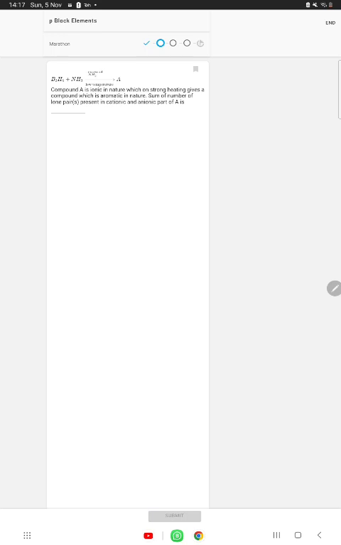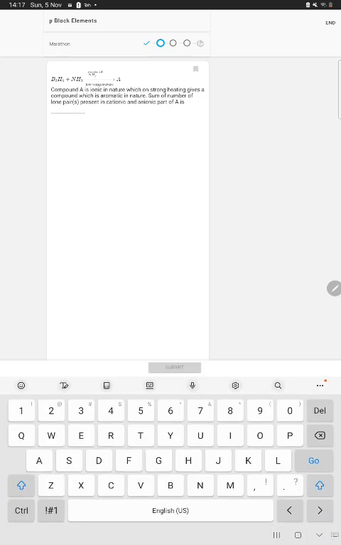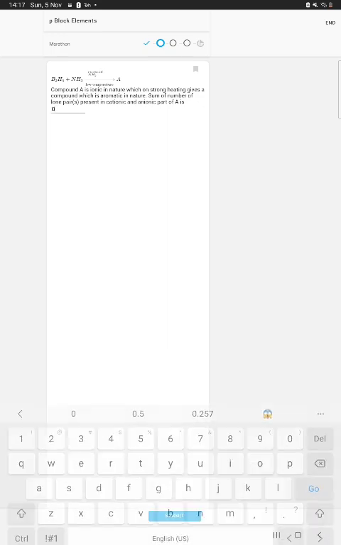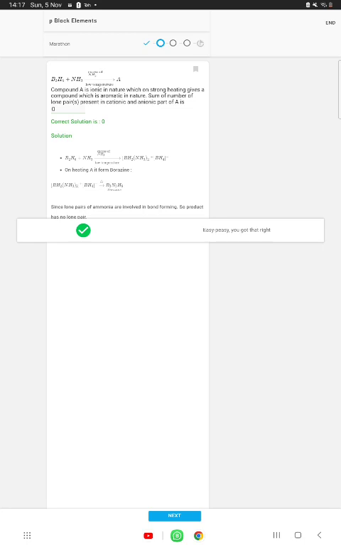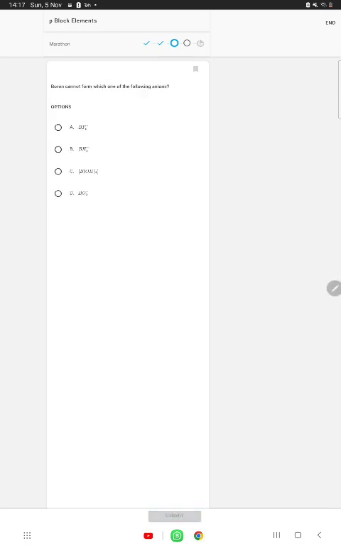BH3 with NH3, so it will be how much, student? 0. This is correct, since the lone pair of ammonia is involved in bond formation, so the product has no lone pair of electrons.